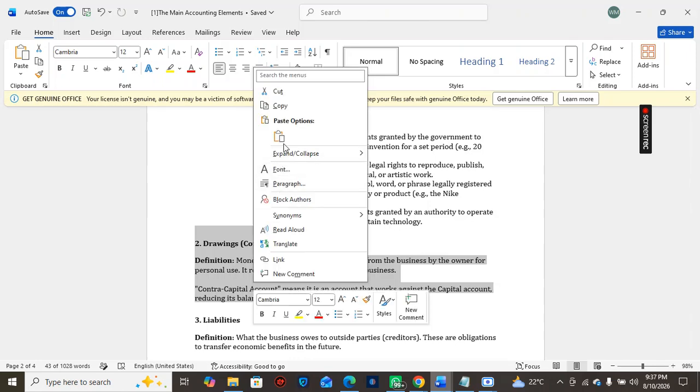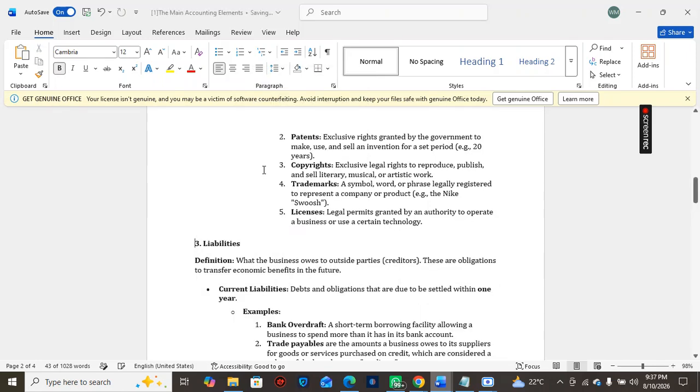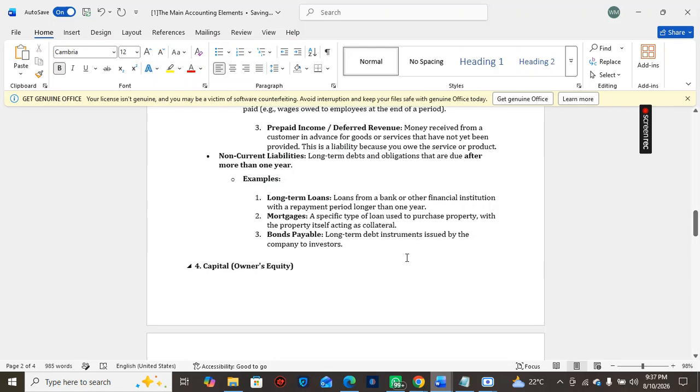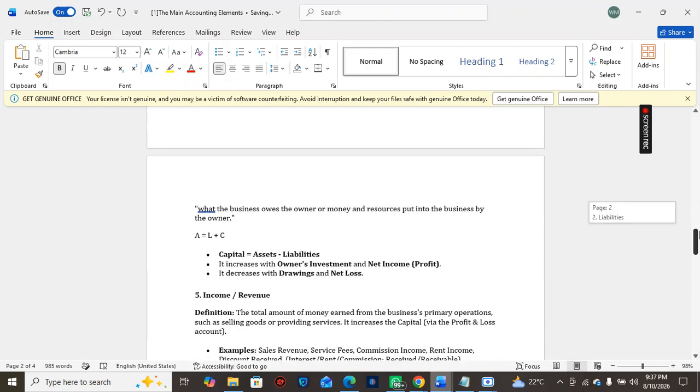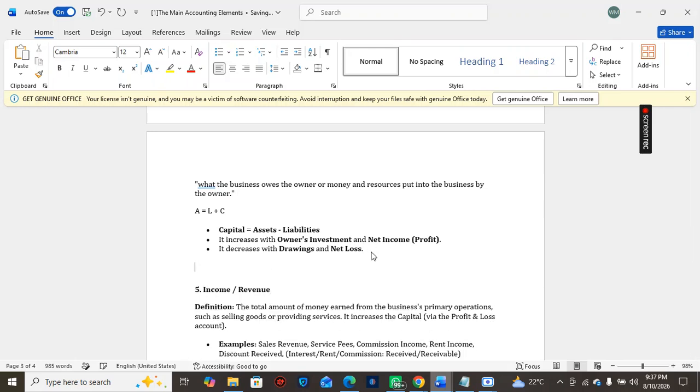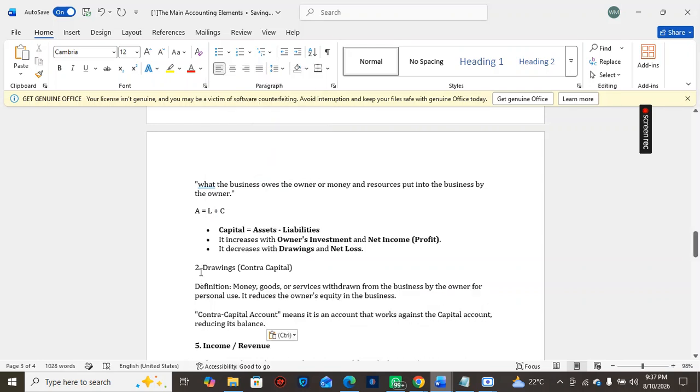Colleagues, liabilities, this is what we owe, what the business owes. They are also broken down into two segments, current liabilities and non-current liabilities.